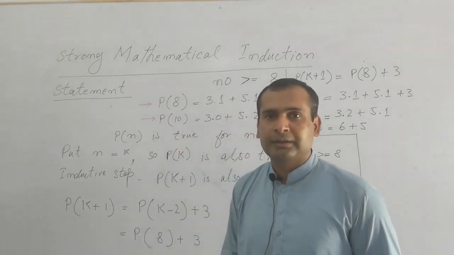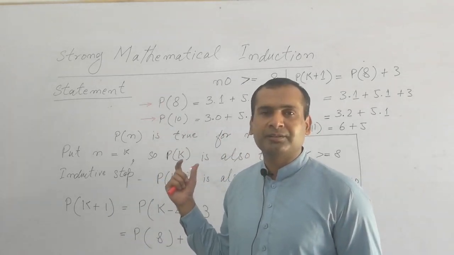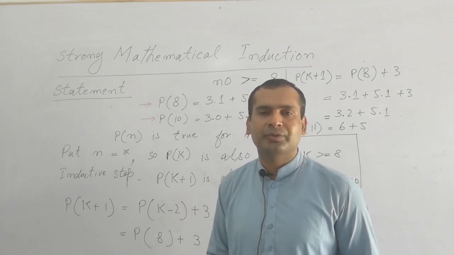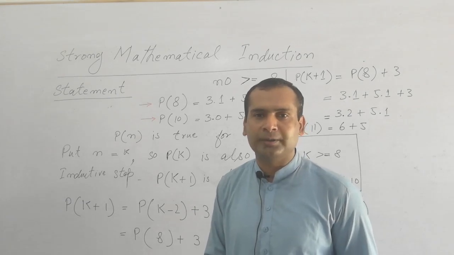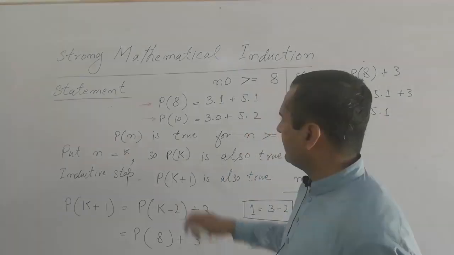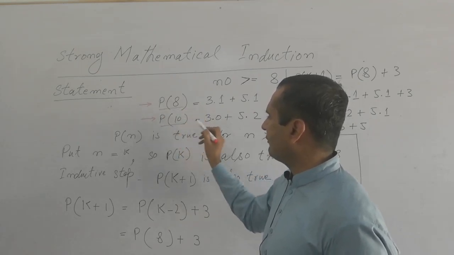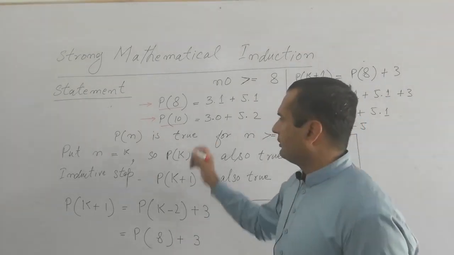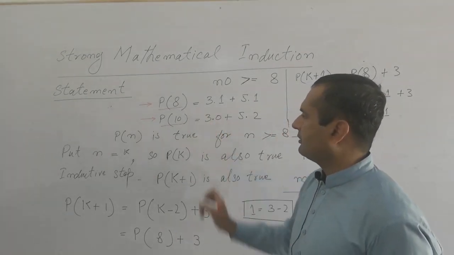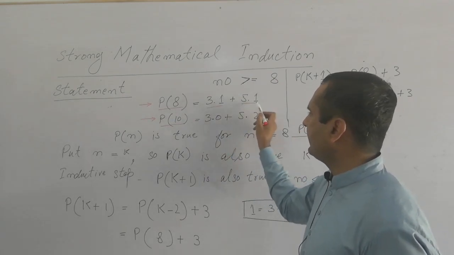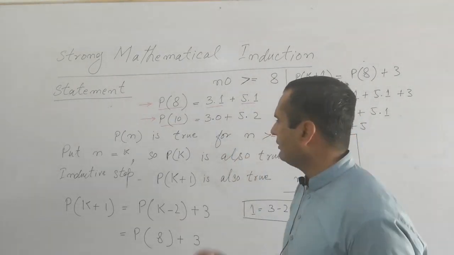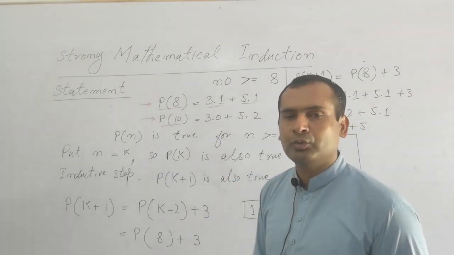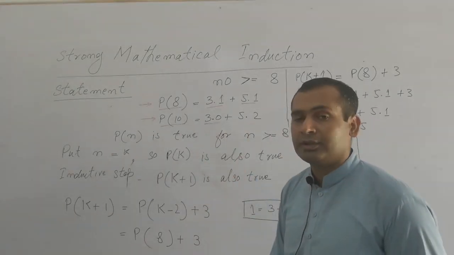Dear students, in strong mathematical induction we had a statement that any amount greater than or equal to 8 can be formed with 3 and 5 coin stamps only. We proved it in our basic steps in the previous slide. Here I have written just 2 terms: the value of 8 can be formed by one 3 coin and one 5 coin, and 10 can be formed with 5 coin stamps of frequency 2, and we don't need any 3 coin stamp.